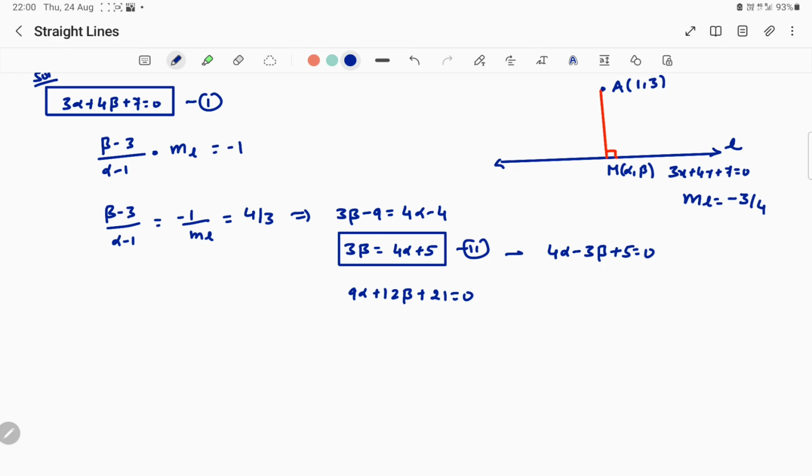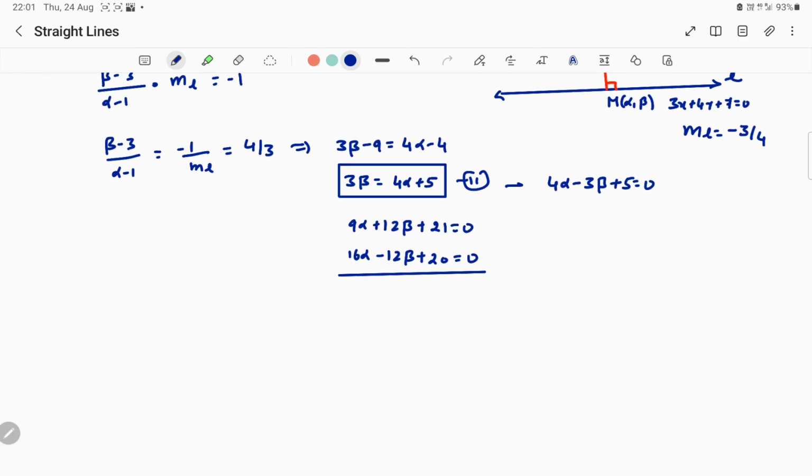If you multiply this equation by 4, it gives you 16 alpha - 12 beta + 20 = 0. When you add these equations, you get 25 alpha + 41 = 0. So alpha is -41/25.